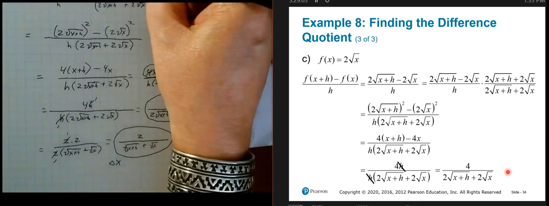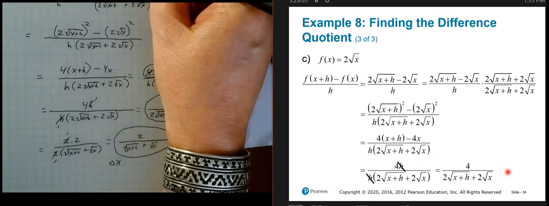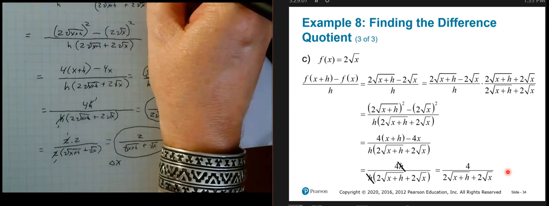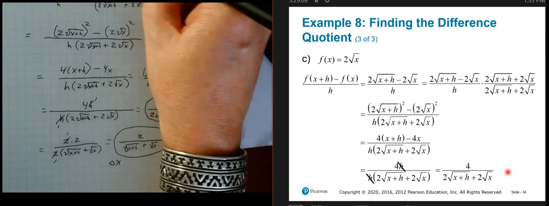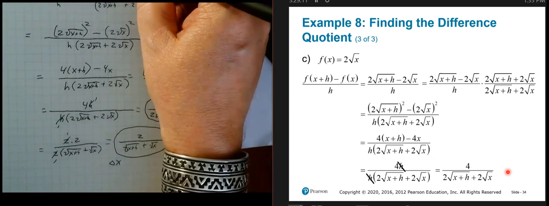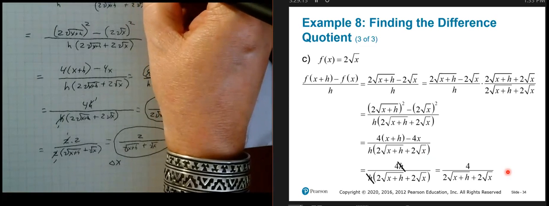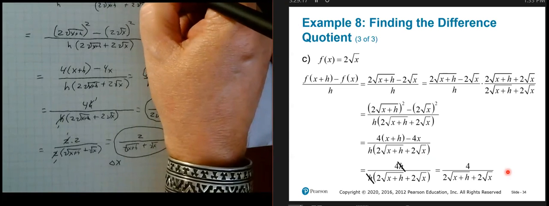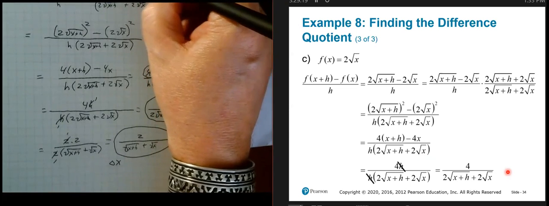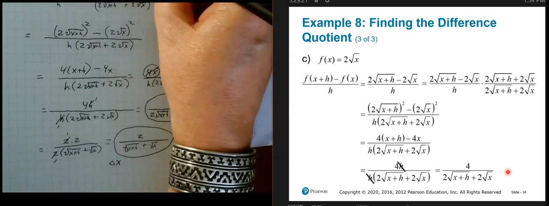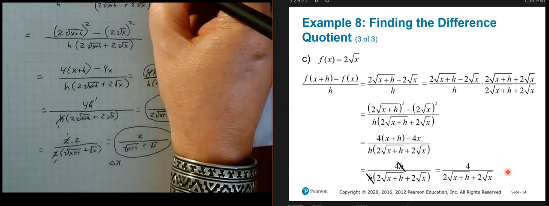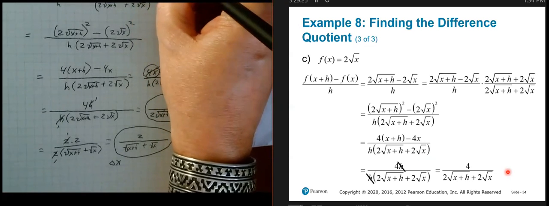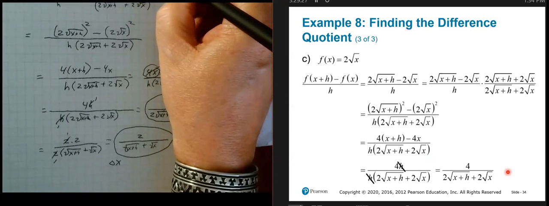So I could say we have x sub 1, and then we have x sub 1 plus h. So I could call that x sub 2. And so this gives me y sub 1, and this one gives me y sub 2.